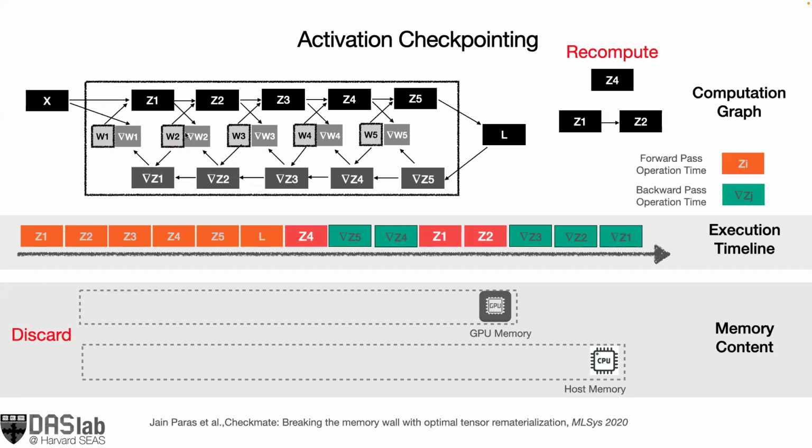So in this version with activation checkpointing, at any time you only save 2 tensors in GPU memory. This largely reduces the peak memory consumption of our training workflow. But what is the cost?